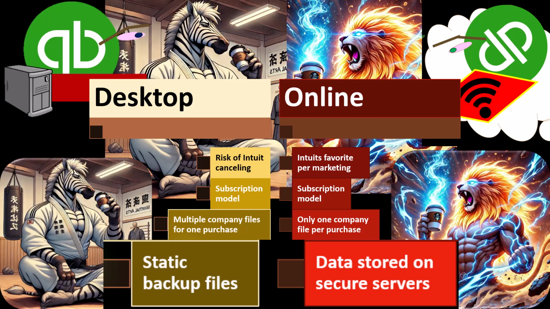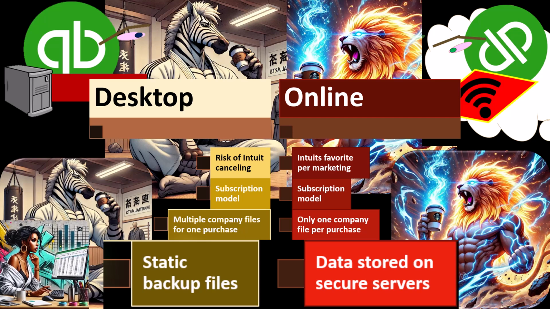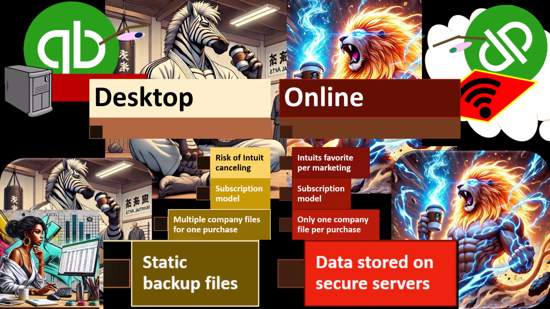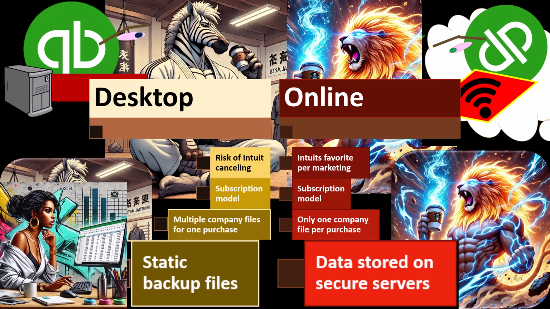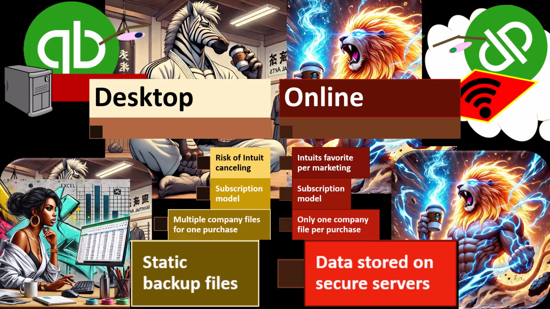One of the things the backups are for, of course, is not to lose the data. I don't want to lose my data. So if I have the data on my actual computer and the computer dies, my office burns down, then I possibly lose the file unless I have some kind of good backup system in place. Whereas on the online version, the argument is that it's on the Intuit servers.